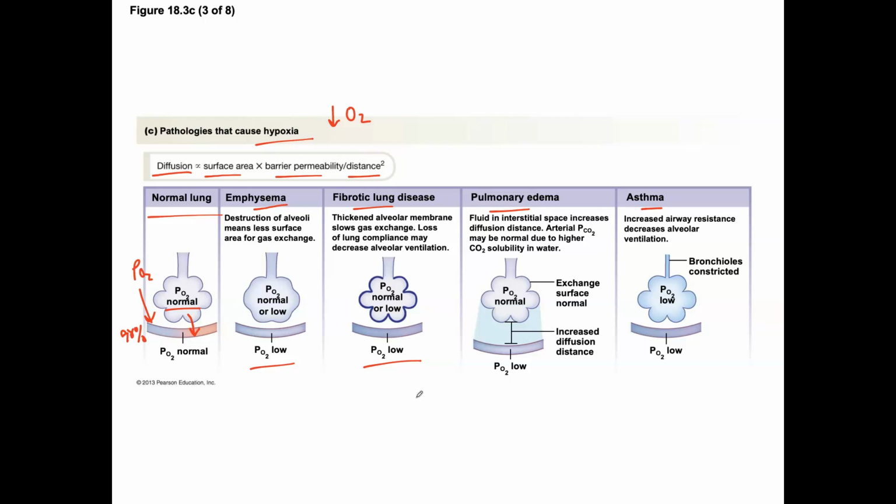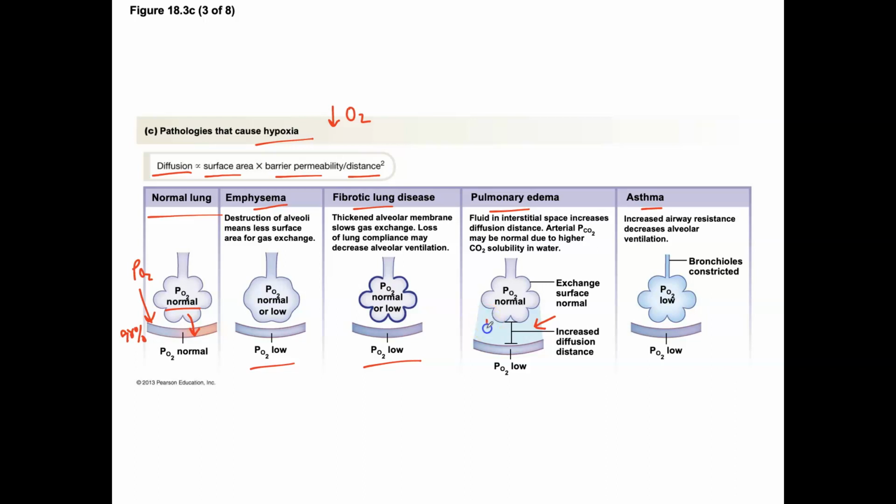In pulmonary edema, this has to do with fluid accumulation inside the alveoli or in the interstitial spaces surrounding the alveoli. And so this is essentially affecting the diffusion distance. It's also creating a situation where oxygen has to solubilize in a fluid, and it does not do that as readily as something like carbon dioxide would.